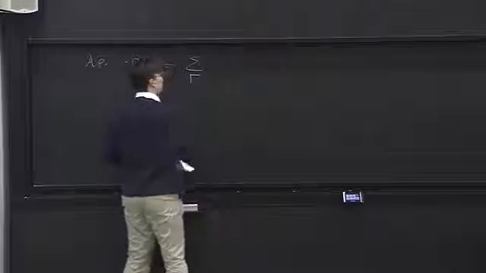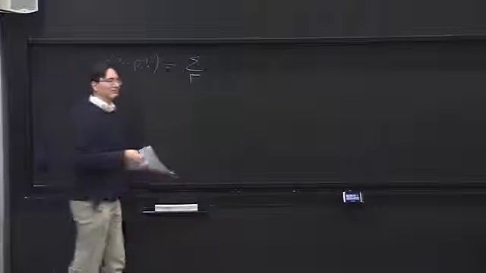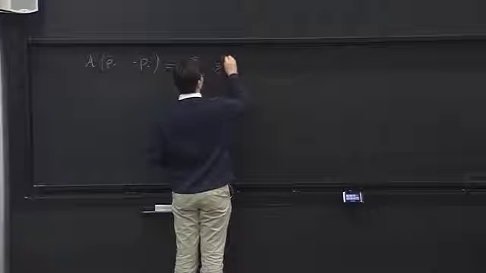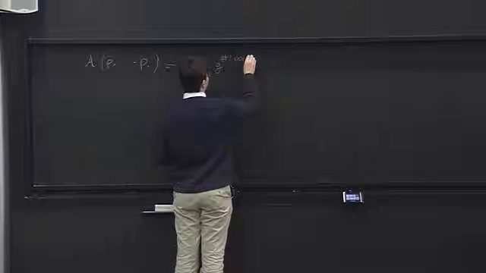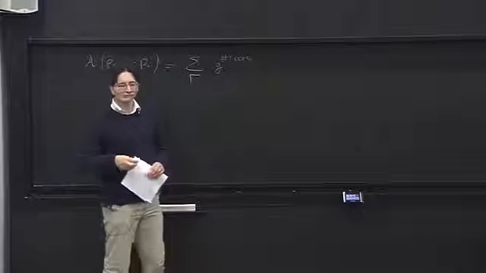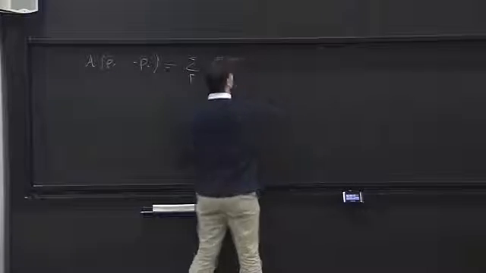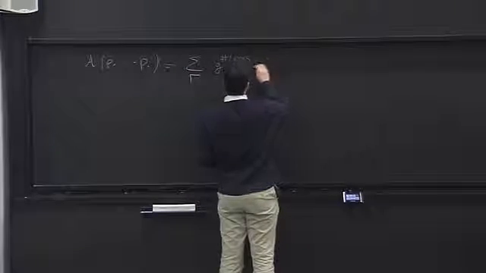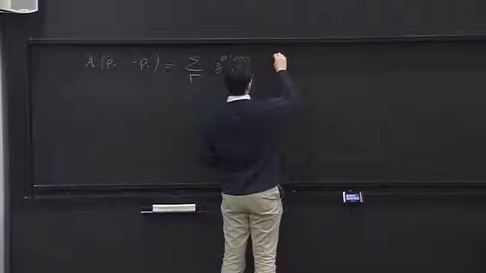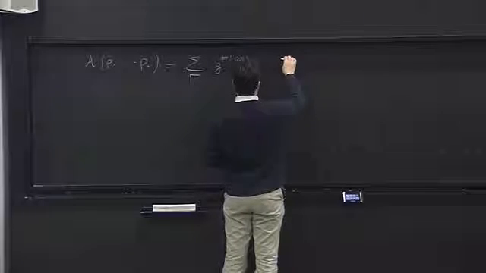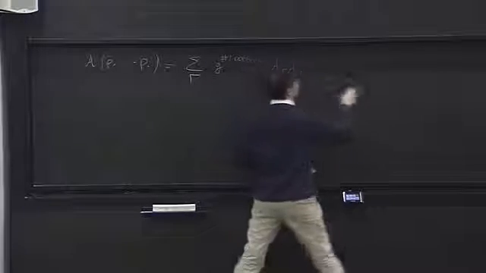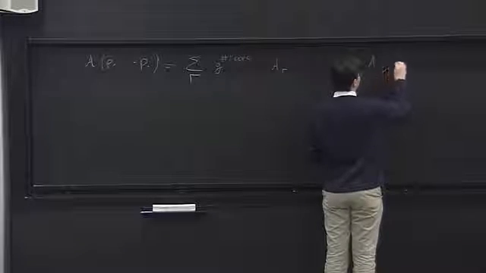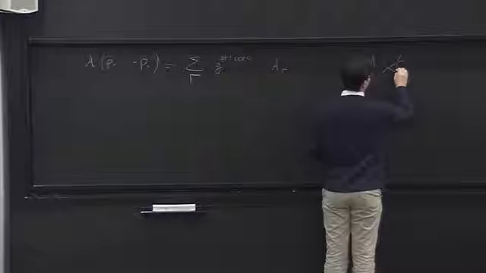So you sum over a certain class of graphs with some coupling, some other numbers. And then what you do, you take your graph and you build an amplitude for that graph. Say, there's something that looks like this.